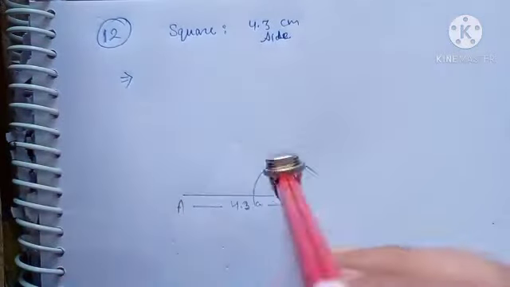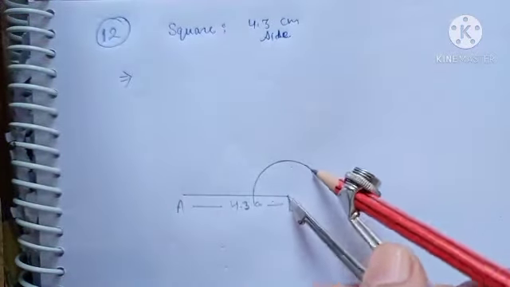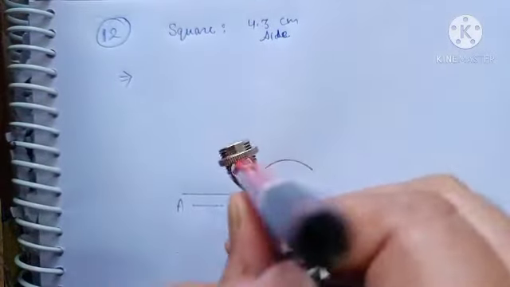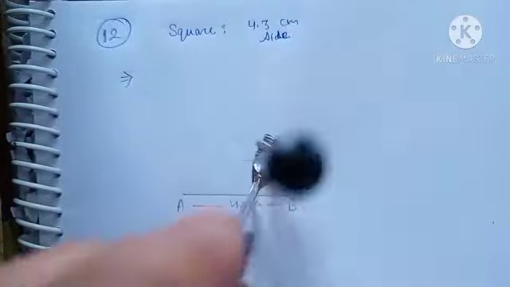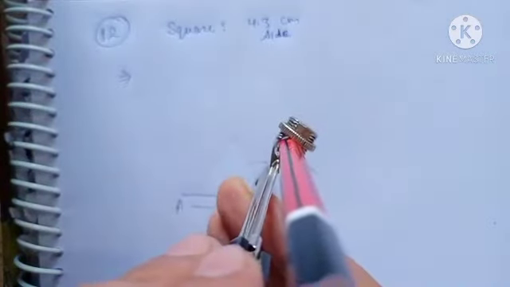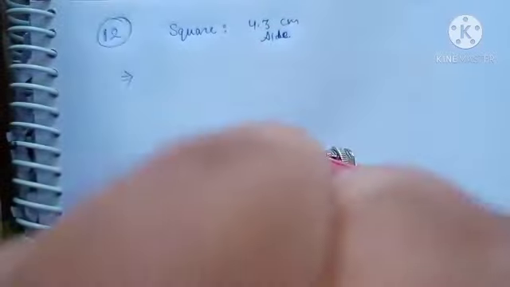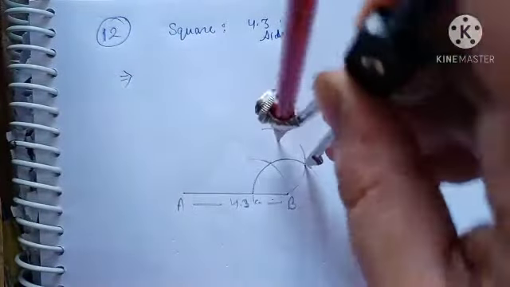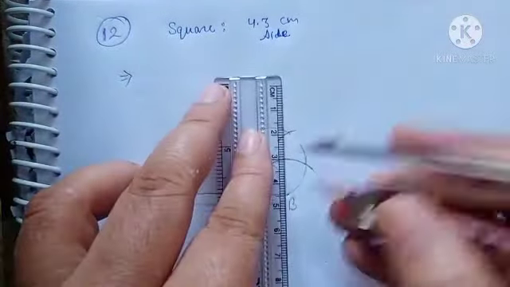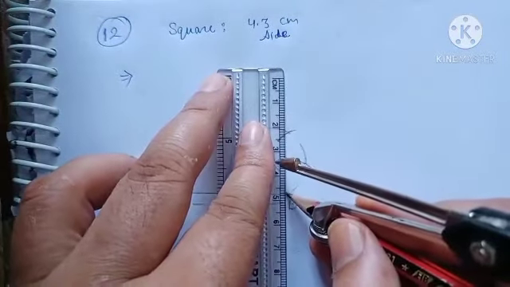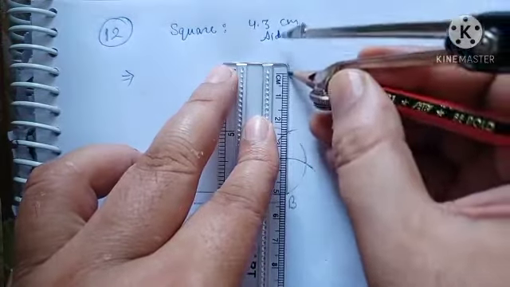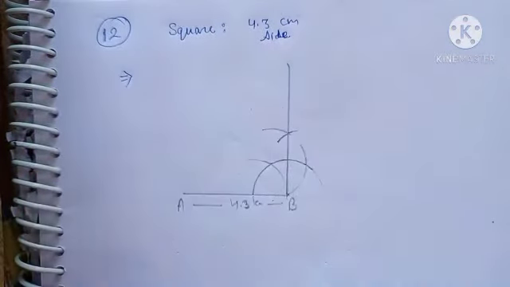So here you can see 60, then 120. We'll draw an arc, we will cut it and we will join B to the point of intersection. Here you can see.